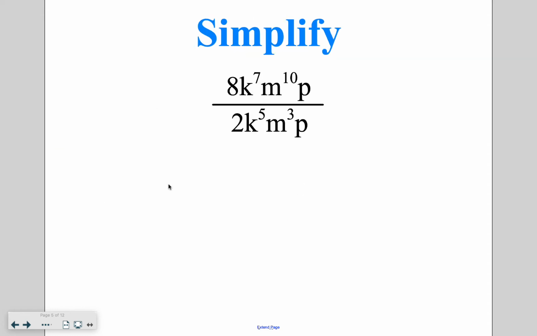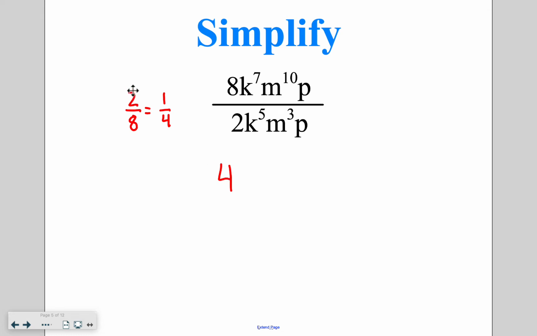Looking at that from a more complex situation, first we're going to look at our coefficients. In this case, 8 can actually be divided by 2, and that's going to turn into 4. If it had been the other way around, with the smaller value in the numerator, you would just treat that as a reduced fraction. So in this case, the numerator was greater, so I can divide it out.